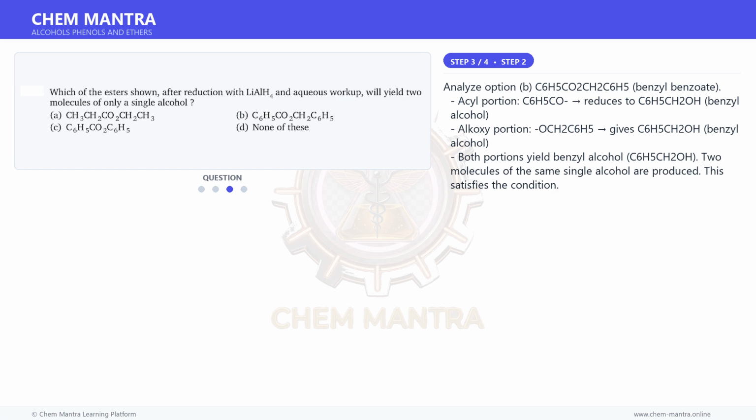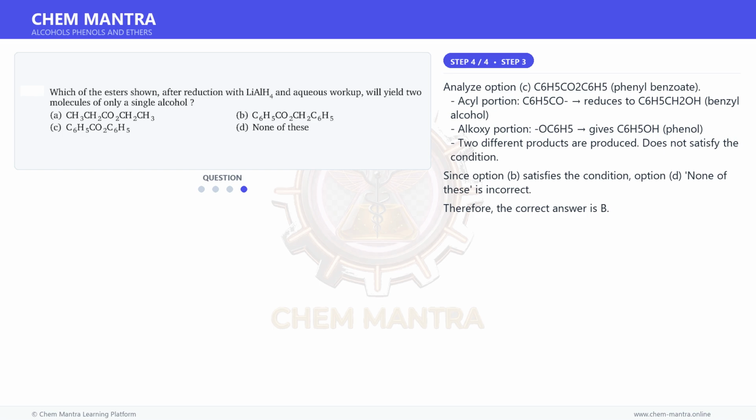Both portions yield benzyl alcohol, C6H5CH2OH. Two molecules of the same single alcohol are produced. This satisfies the condition.